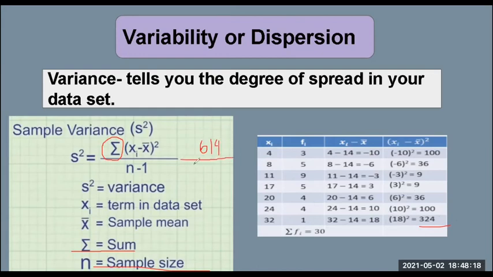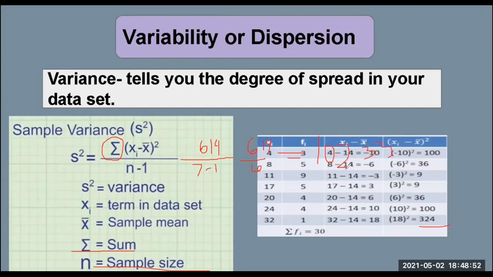Our n here will be 7 minus 1. So 7 because there are 7 of them, minus 1. So it will be 614 over 6. We will divide it by 6 and we will have 102.33.